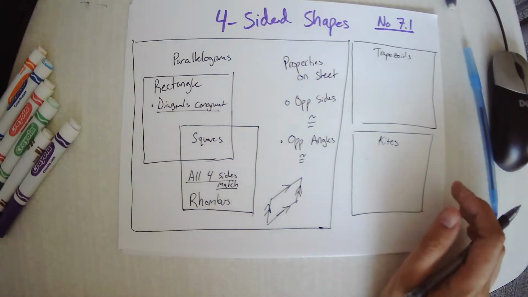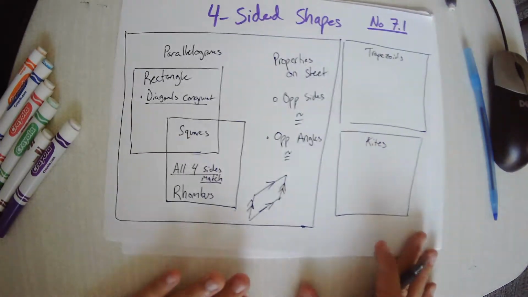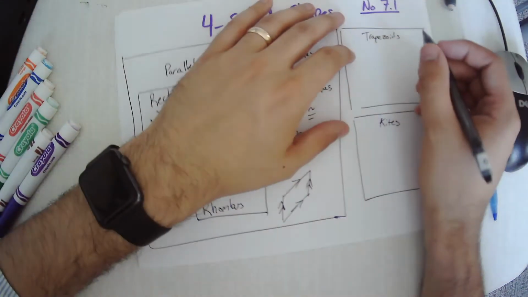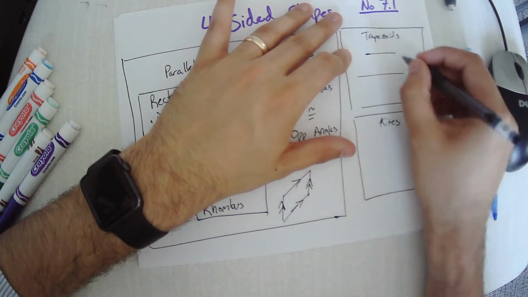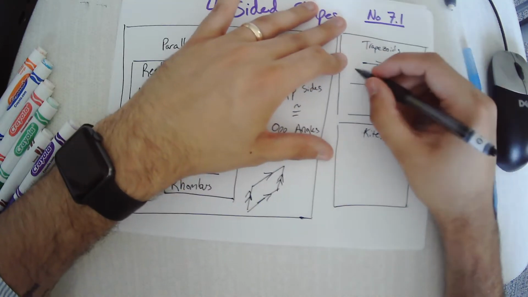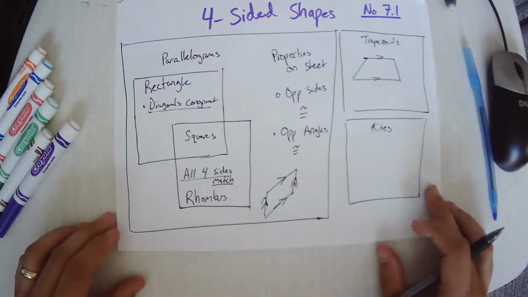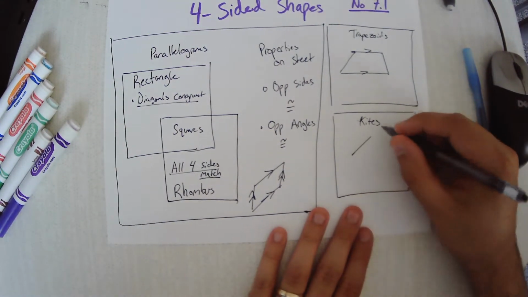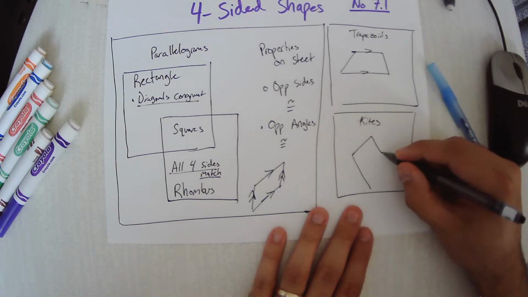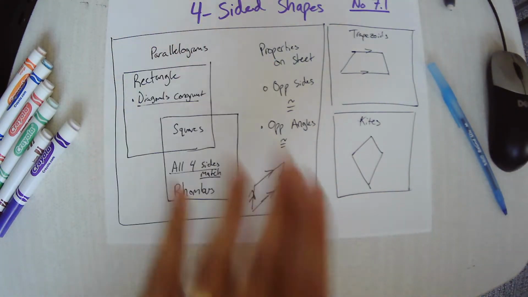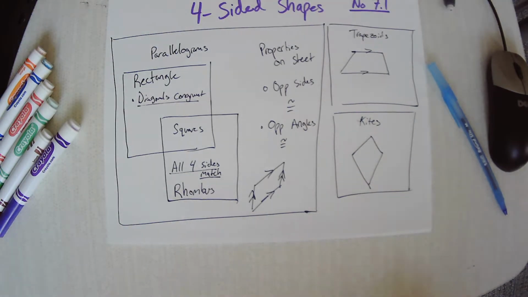We put the least amount of emphasis on kites, and we didn't put too much on trapezoids. They are where one pair of sides is parallel. Sometimes the other sides match, but sometimes they don't. And like I said, kites, we really didn't put a lot of emphasis on them. I want to do one of each of these questions after we talk extensively about this box first.